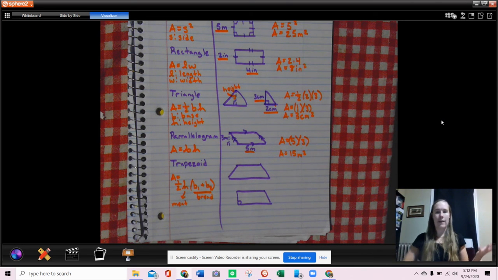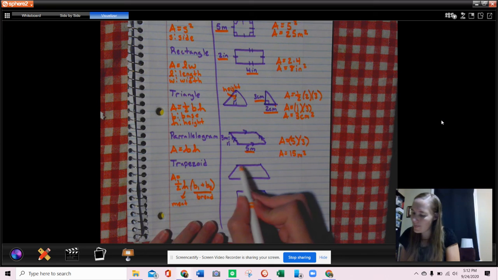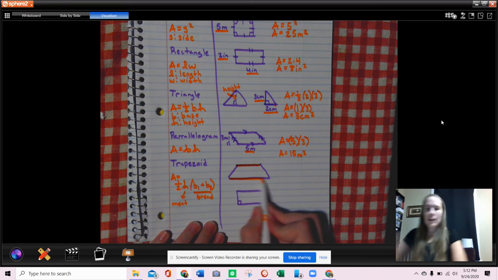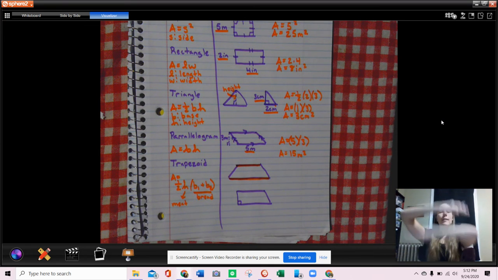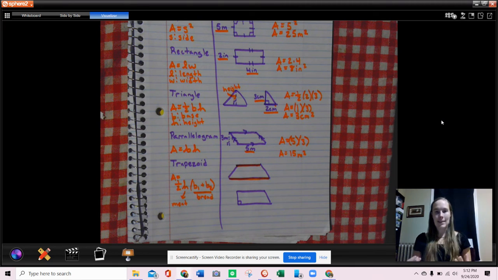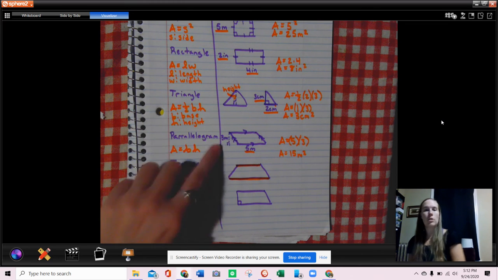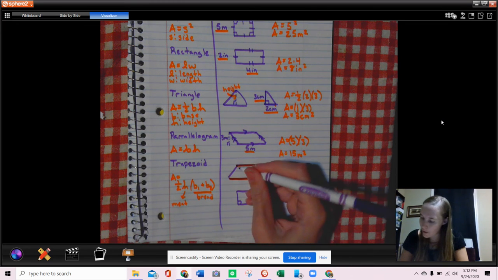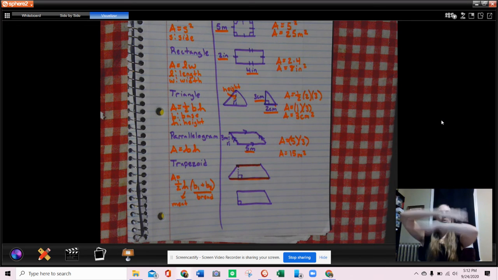My things are going to get everywhere. So these 2 lines, they're also the parallel lines, are going to be your bases. Then the height, or the meat, just like we had to do with our triangle or our parallelogram, is going to be the distance between those 2 bases.